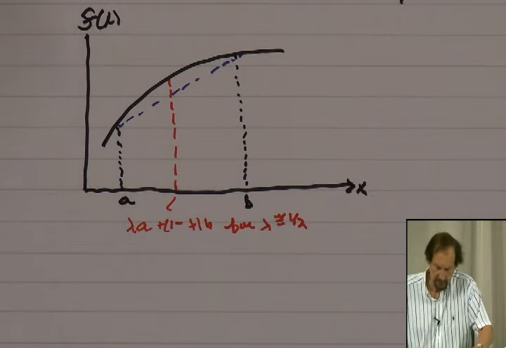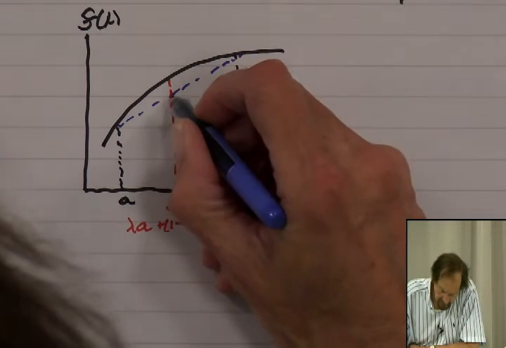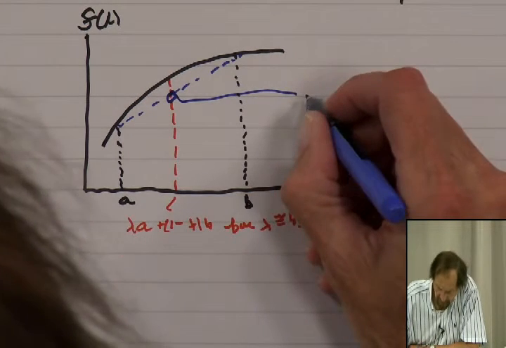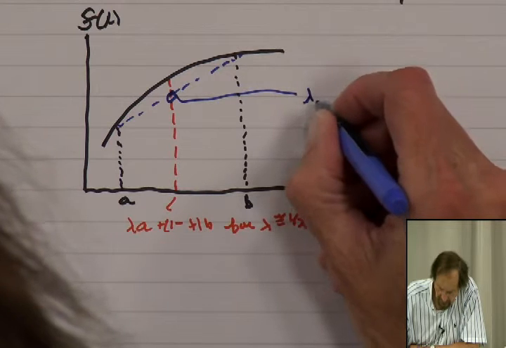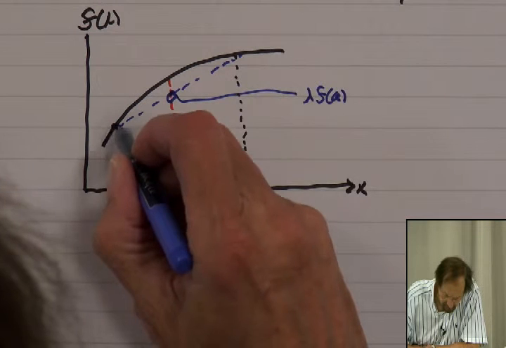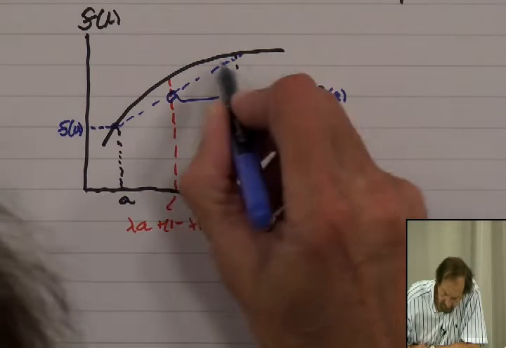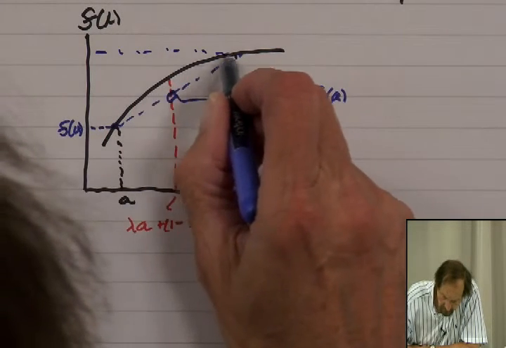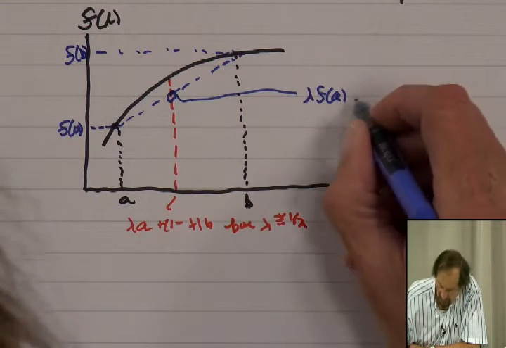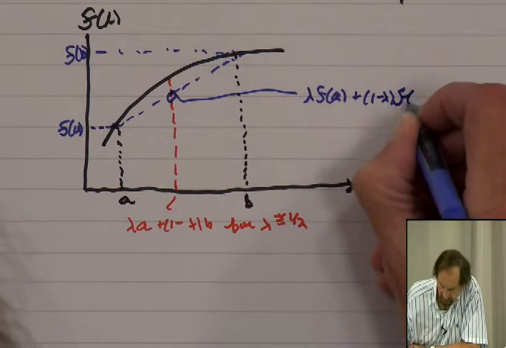Now let's look at this. What is this point here? This is lambda f of a, because this is f of a, and this is f of b up here, plus 1 minus lambda f of b.